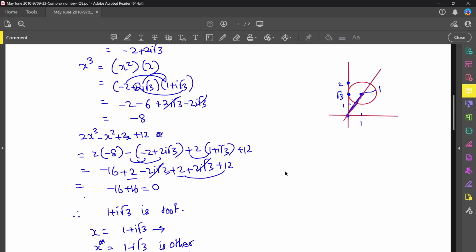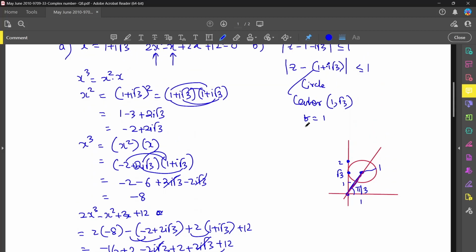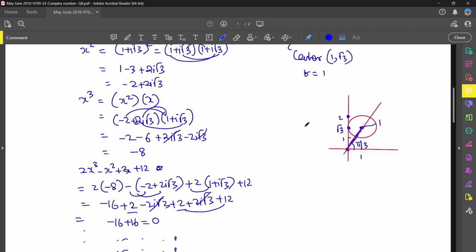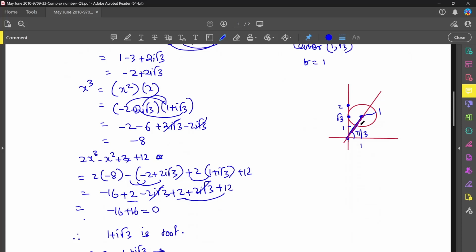So that's the argument, and this angle is pi by 3. So here we are looking for the points inside the circle and also within the angle pi by 3. So the region is this. This is the region you're going to shade.